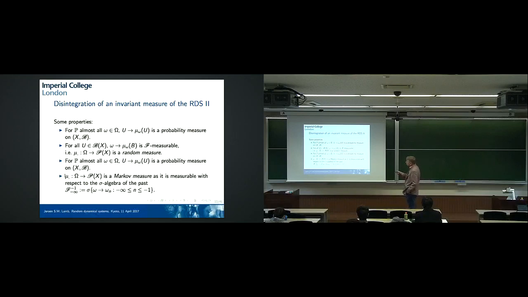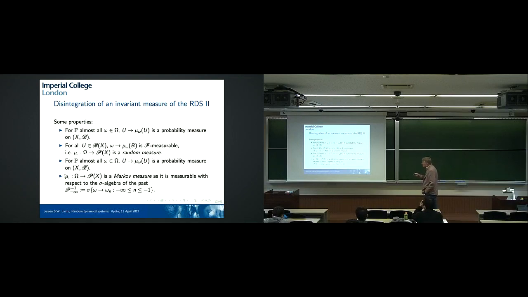Okay, some technical properties I think are good to walk through, but we have proved them. For P almost all omega, the map from u to mu omega u is a probability measure. That means we have a probability measure on these A omegas, on these slices. And for all u, the map from omega to mu omega is measurable with respect to the sigma algebra.